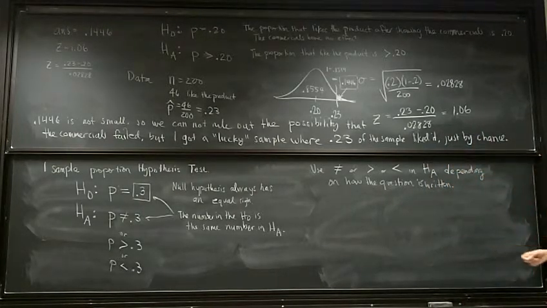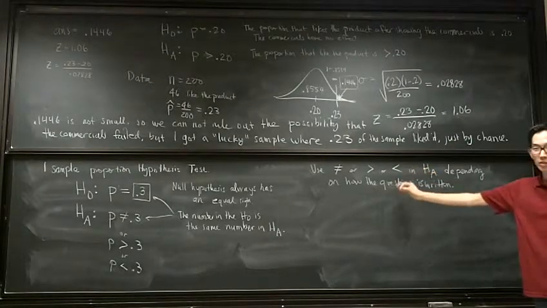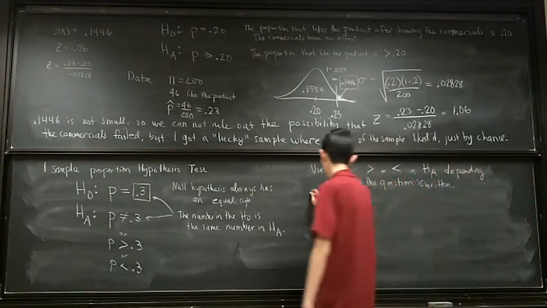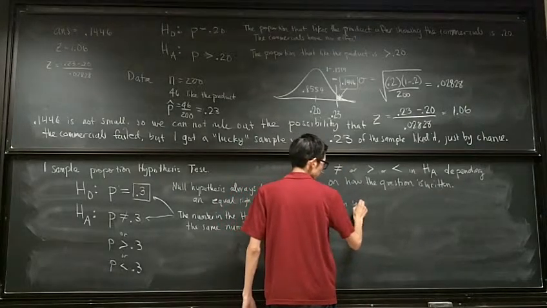So if the question says, is this evidence that the proportion has increased or is bigger or something, you're going to use greater than.